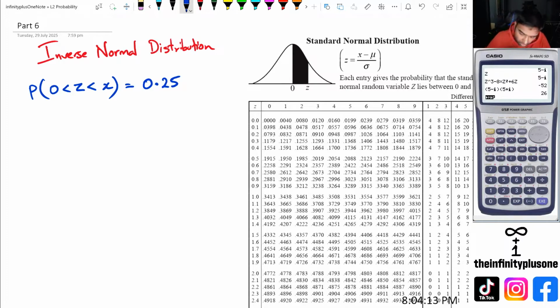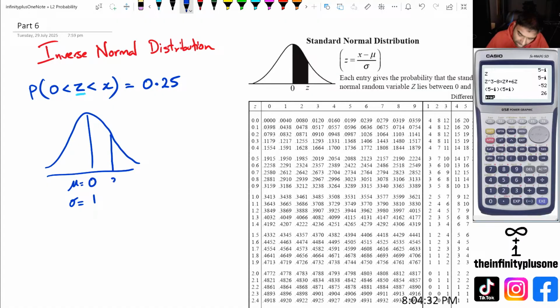Basically what the question's asking is, if I draw this as a diagram, because it's Z, our mean is going to be 0 and our standard deviation is going to be 1. The question is asking, what is this value here so that the probability is 0.25? So this yellow part is equal to 0.25, and we need to find the x value. We need to work backwards.